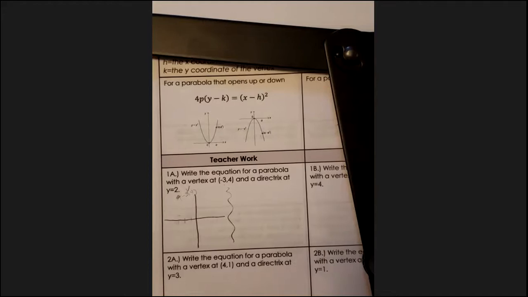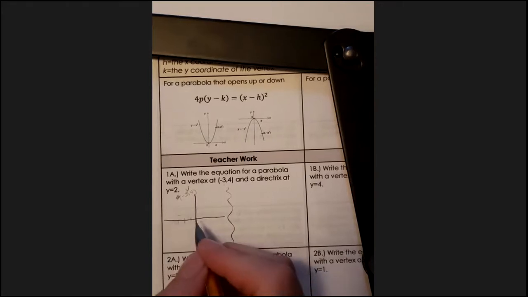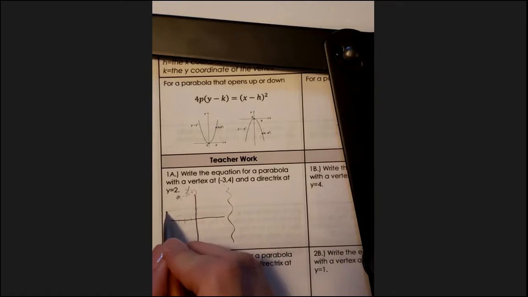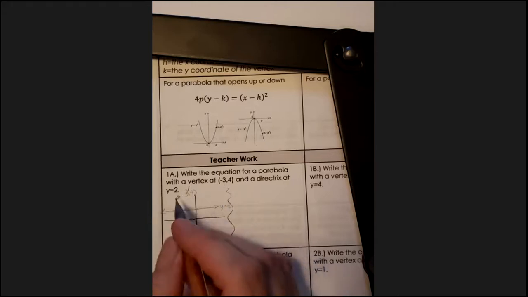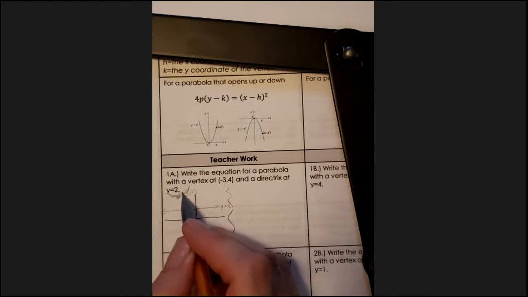If you have access to some graph paper, that'll help you even more. So my vertex is at -3, 4, and the directrix is at y equals 2. So I'm going to go up 1, 2. So here is my directrix at y equals 2, and here is my parabola.